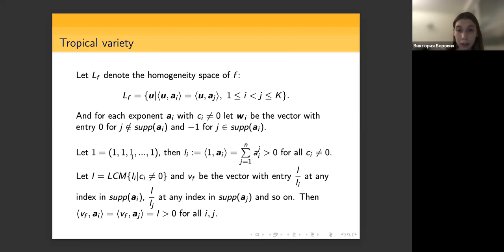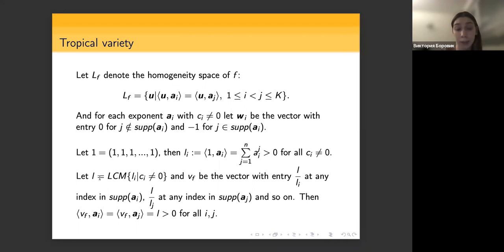Now let us notice that this homogeneity space isn't empty. If we consider the vector of all ones, then the inner product of this vector with some exponent vector, which I denote by L sub i, is always positive, and it is just a simple sum of all coordinates of this exponent vector.